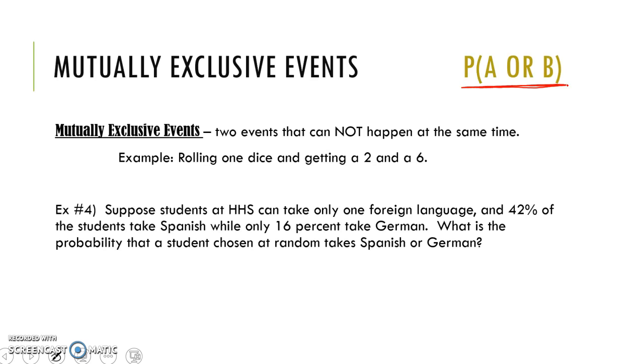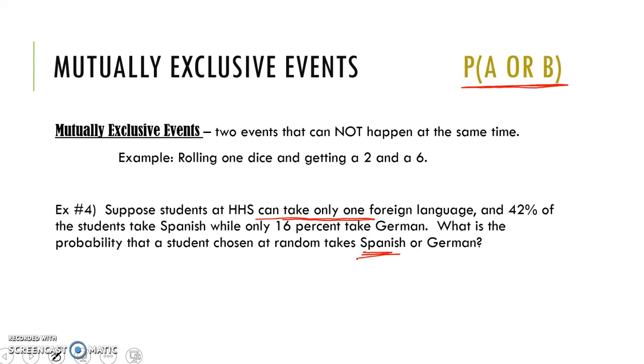Well, it's not Spanish and German, because that can't happen, because those are mutually exclusive events, and they can only take 1 foreign language. So it's the probability that they can either take Spanish or take German. Let's take a look at the first probability.